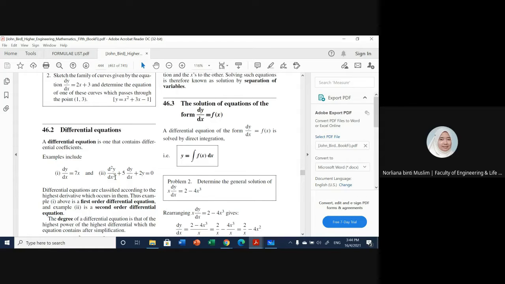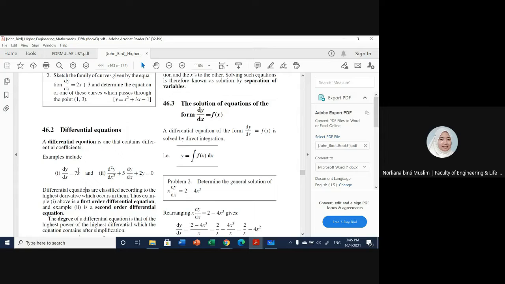The order of a differential equation depends on the derivative in that equation. What is the highest order? For example, in this equation we have only one derivative, and the highest degree of dy dx is 1.